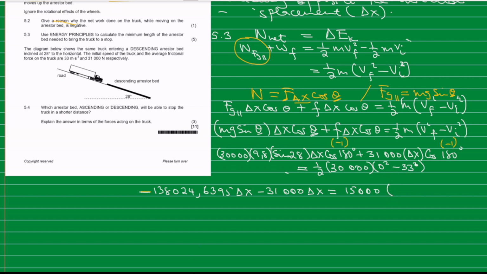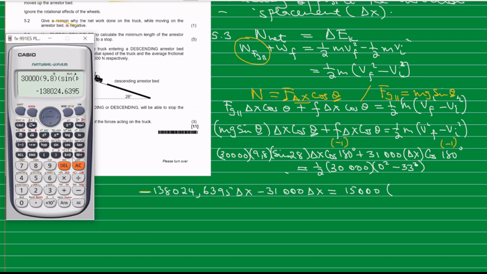Okay, it's a big number. That is 16,335,000. It will be a negative here. I deliberately left a negative there, so it will be negative.